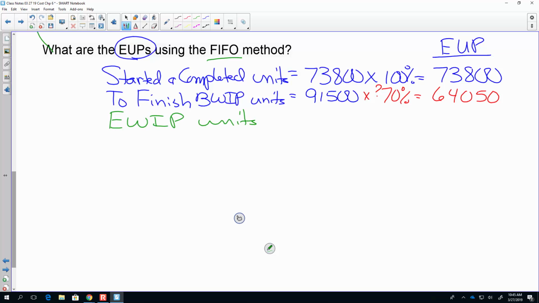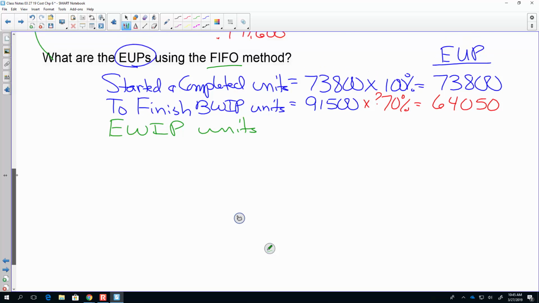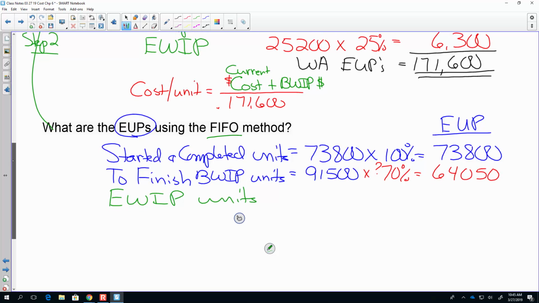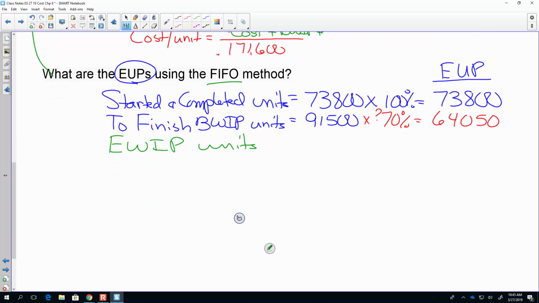And this is no different than the weighted average. So we had 25.2 in ending WIP times 25% equals 6,300. It's the same way. 25.2 times 25%, 6,300.